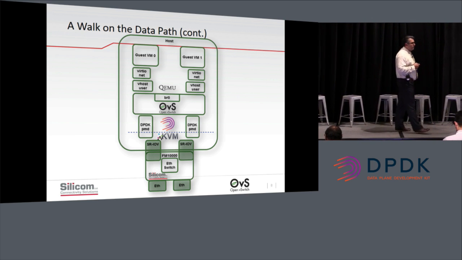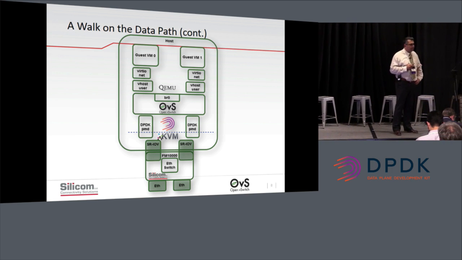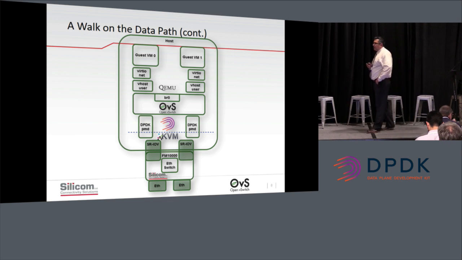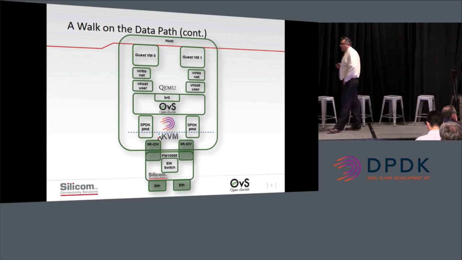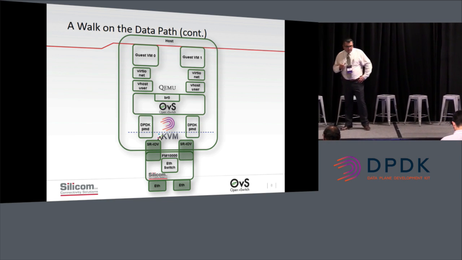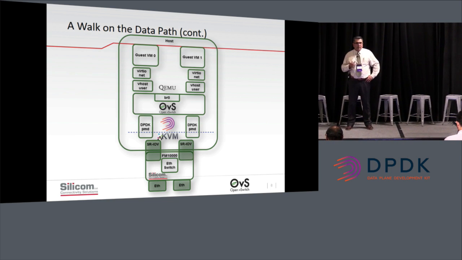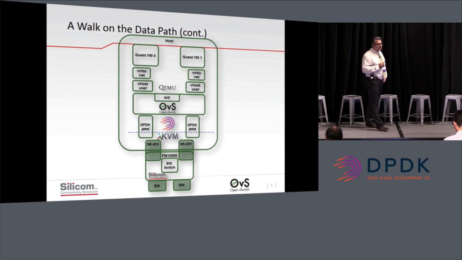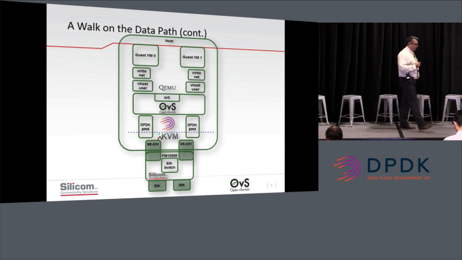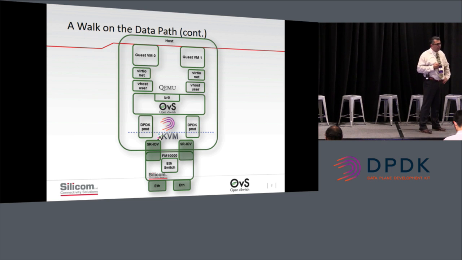And over each of them, we operated a PMD driver, a DPDK PMD driver, that acts as a data channel up to the OVS. So now we had an SR-IOV talking straight, not up to the guest VM, but to the OVS as a mediator.